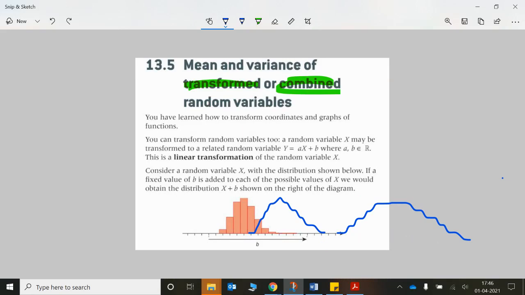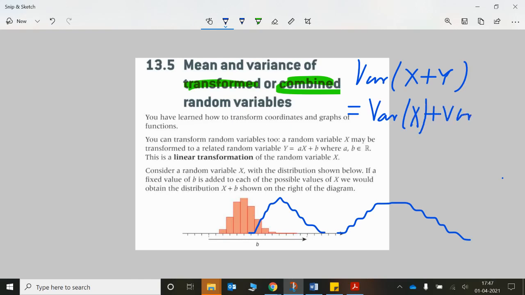Now, it is slightly more complicated in this case when we've got combined random variables than for us to just add the two standard deviations here or multiply the two standard deviations. In fact, this links through the variance. I'm not giving a proof for that just at the moment, but the formula in this case is that the variance of x plus y equals the variance of x plus the variance of y.